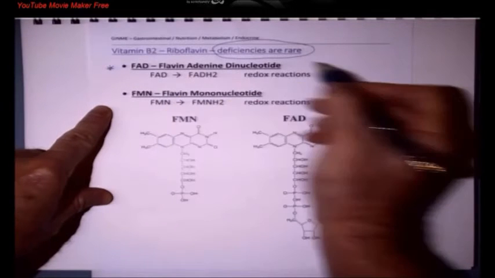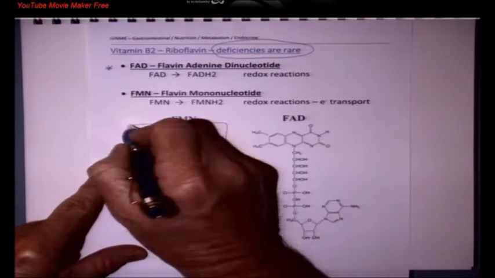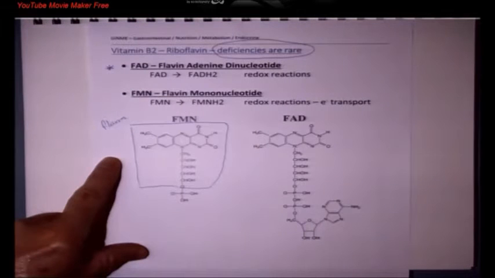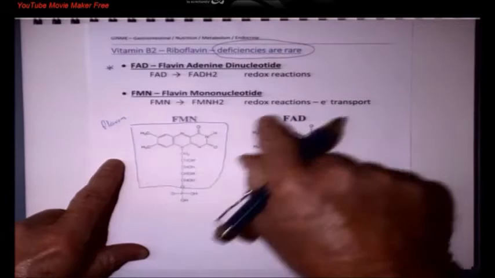FAD production, because this is flavin adenine dinucleotide. This is your flavin molecule right here. And so this is the backbone forming the flavin adenine dinucleotide FAD and flavin mononucleotide FMN.